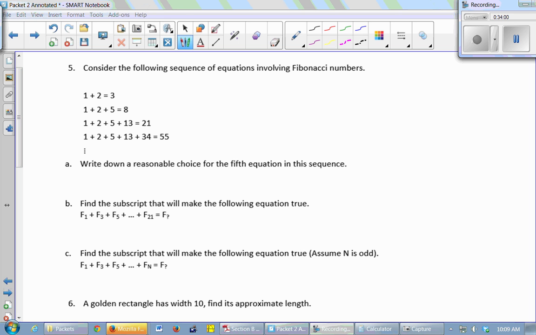All right, so here's a sequence of equations. Normally we study sequences of numbers, but we've got a list of equations here, and they involve the Fibonacci numbers.